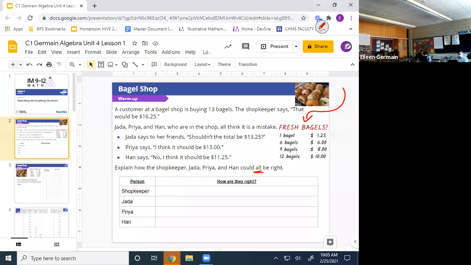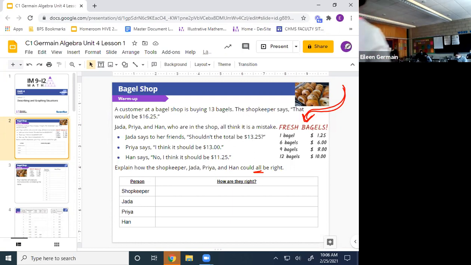So all 4 of these people are correct when they say the price that they have, but each person took a different route to get to that total price. Using this table here of the prices and things, please look through.